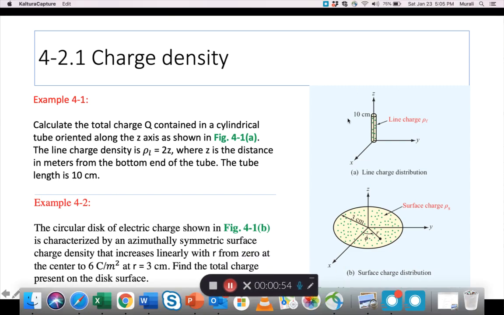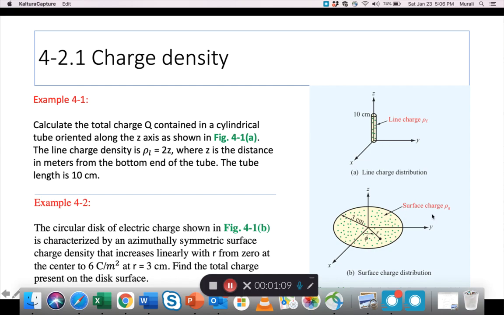In one case it's a tube 10 centimeters tall, and it has a certain line charge density given. And the second example is a disk that also has a surface charge on it.